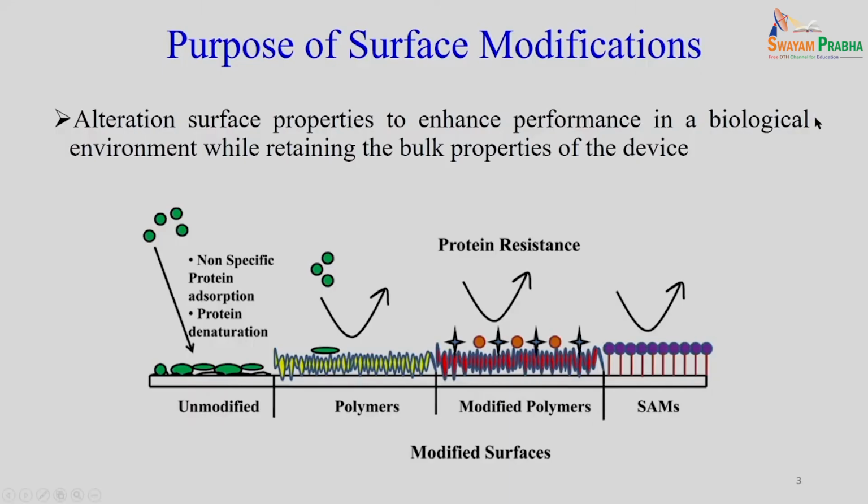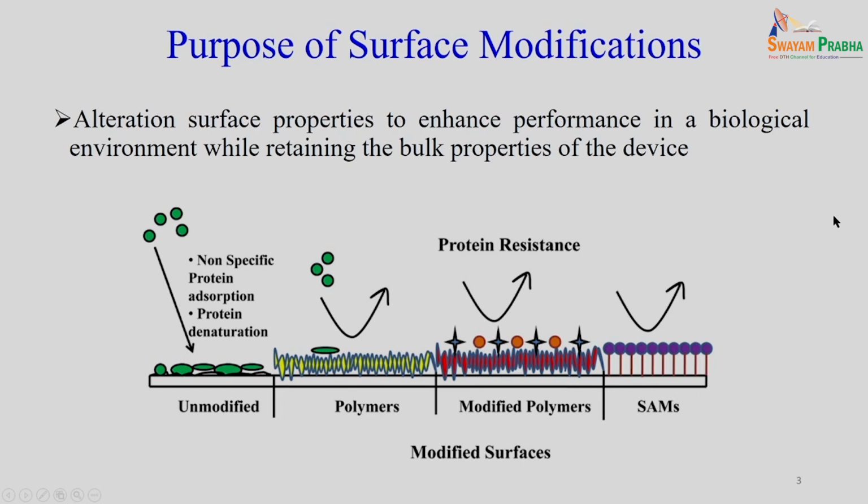So, today's lecture will discuss what are different surface modification techniques. We will discuss the physical techniques, the different chemical techniques and biological techniques. First we will just see the overview of different modification techniques, then we will briefly discuss a few selected techniques, particularly from the physical and chemical methods.